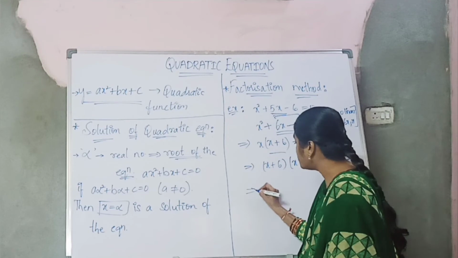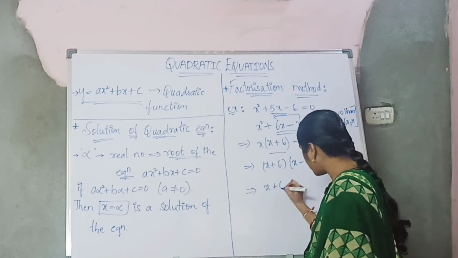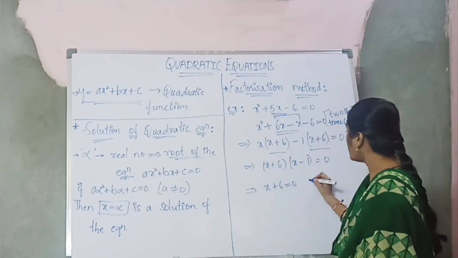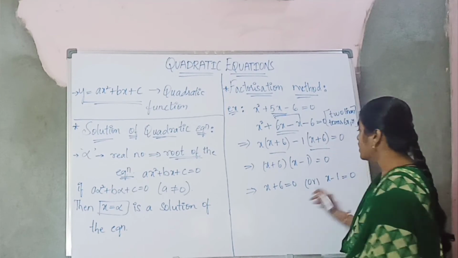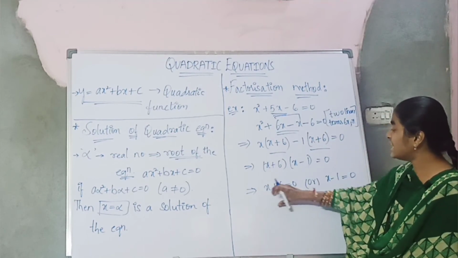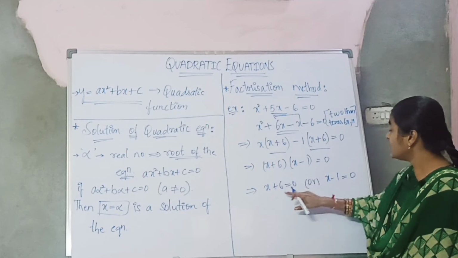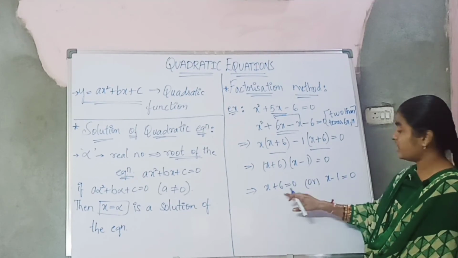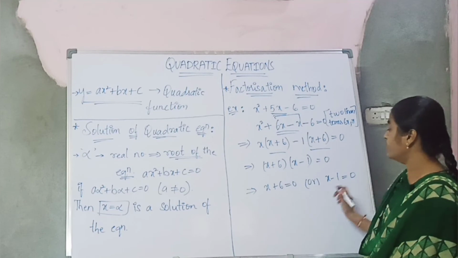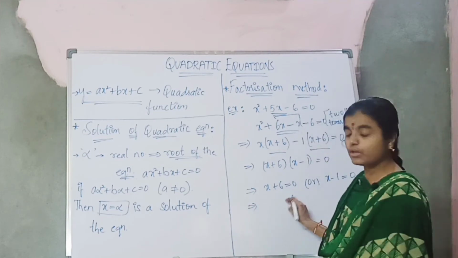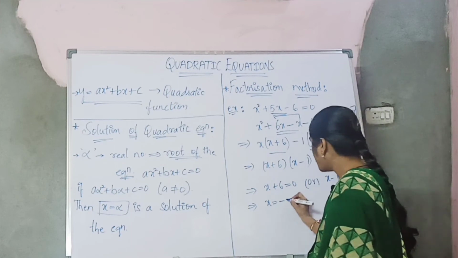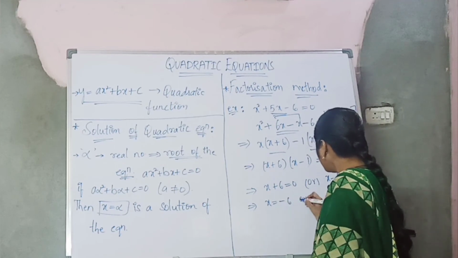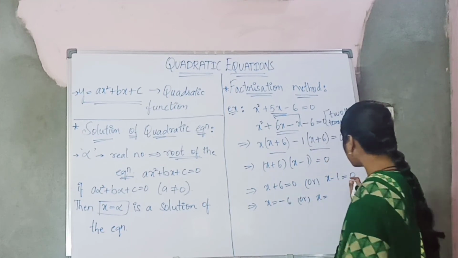So in the next step, x plus 6 equals to 0 or x minus 1 equals to 0. That implies, for finding the roots, x equals to minus 6 or x equals to 1.